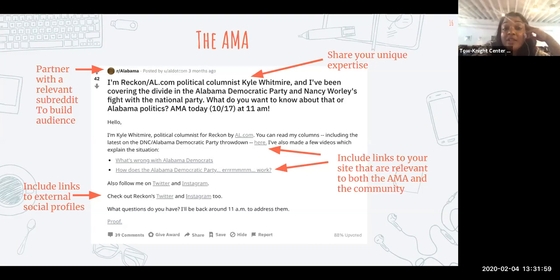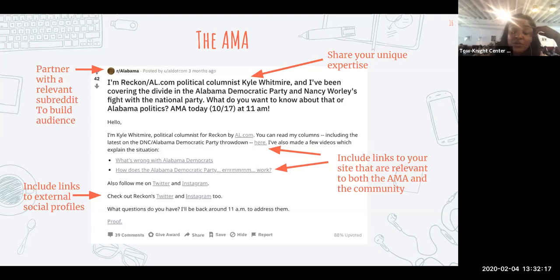Now, the AMA is great because it gives you a chance to share your unique expertise. It also gives you an opportunity to link to content on your site. You've probably got some almost Bible-like primers about certain topics, and this is a great way to drive traffic to them.